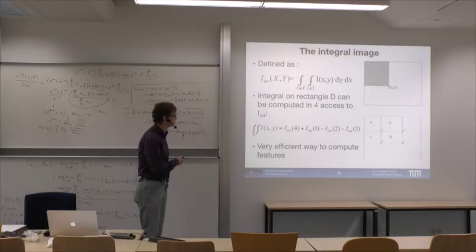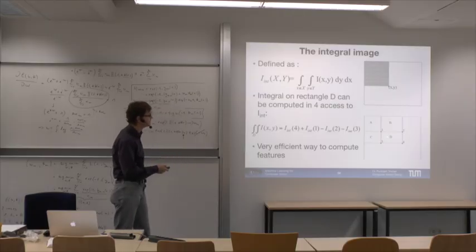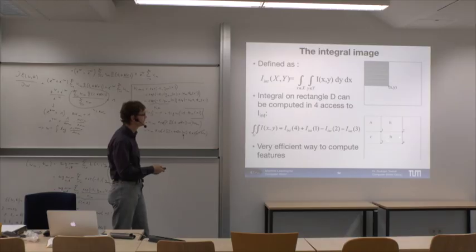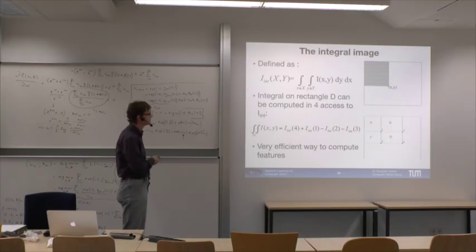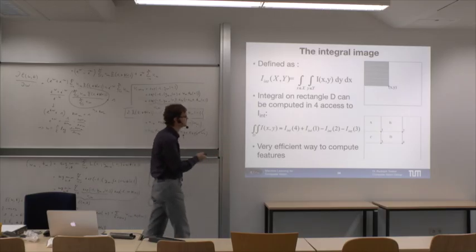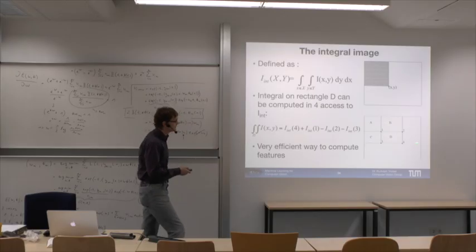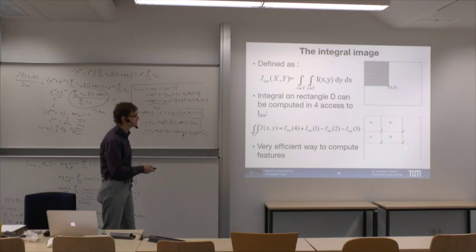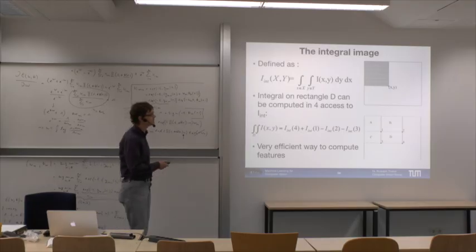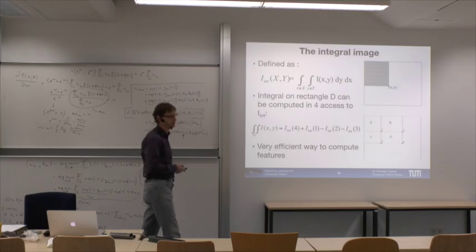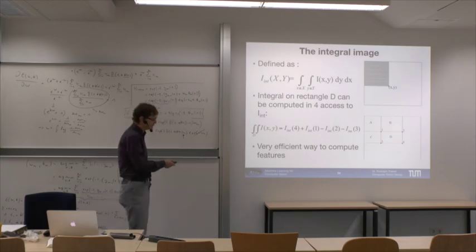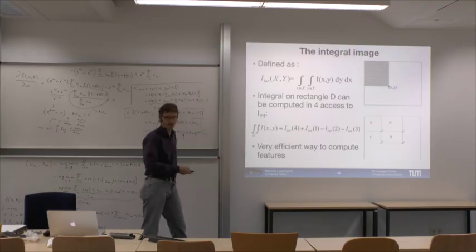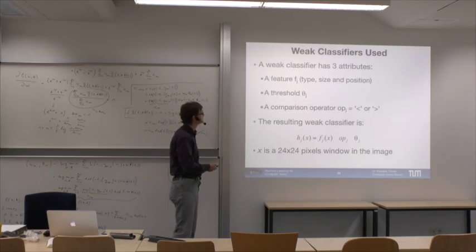So if you want to compute the integral of rectangle D here, you compute it with four accesses to the integral image. We do this by taking the integral image at this position plus the integral image at this position minus the integral image at this position minus the integral at this position. That's the nice thing about it. You simply sum 1 and 4, and you subtract 2 and 3. And this is a very efficient way to compute the integral of D. This is all you need to compute the Haar-like features.